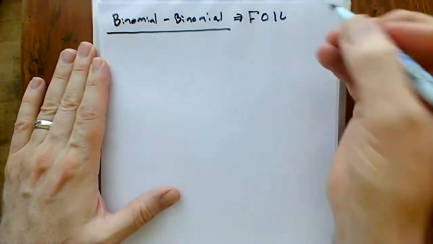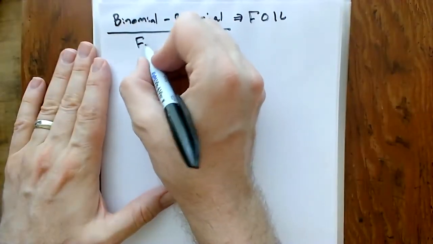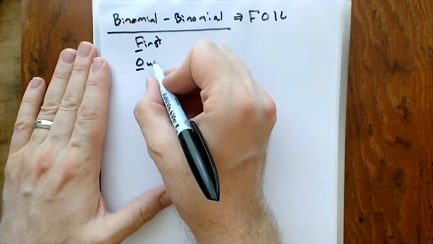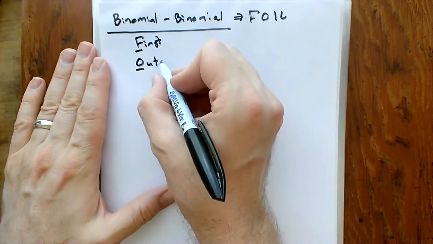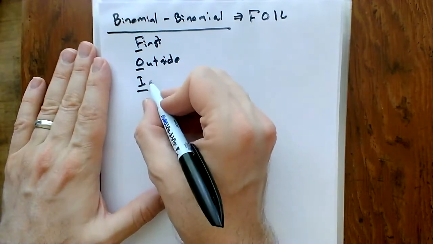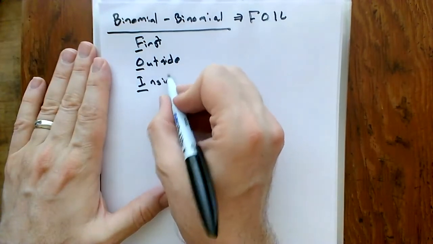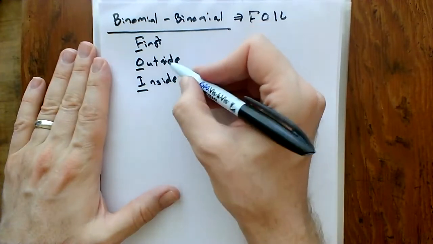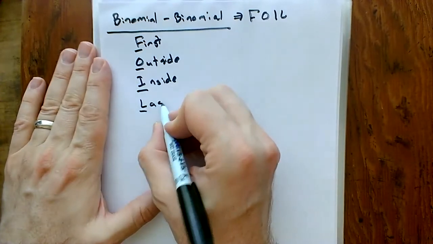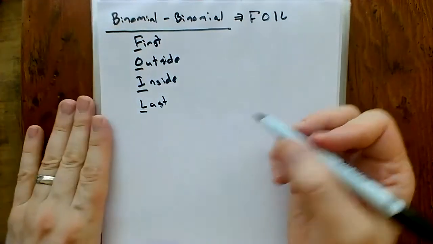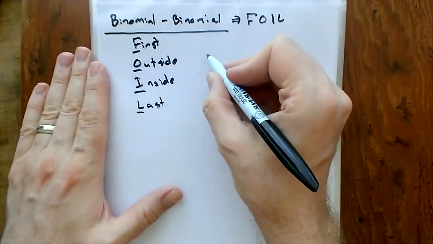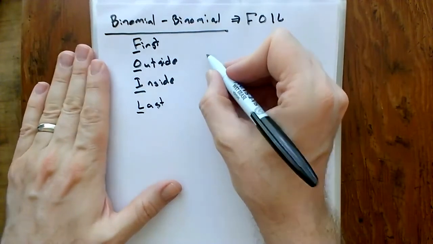FOIL stands for first, outside or outer, inside. Sometimes you'll hear this as first, outside, inside, or first, outer, inner, and then L is the last terms. So what we're doing is, like I say, we're distributing each term from our first binomial into the second.